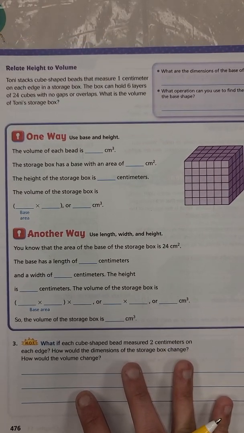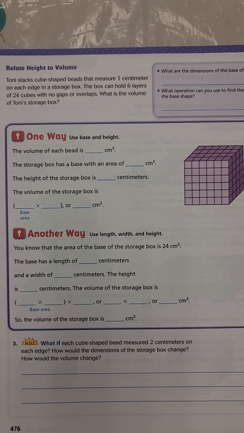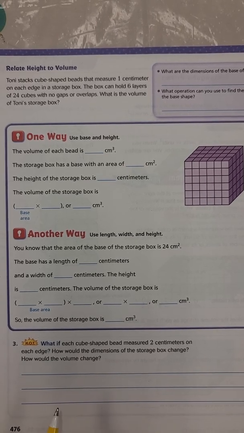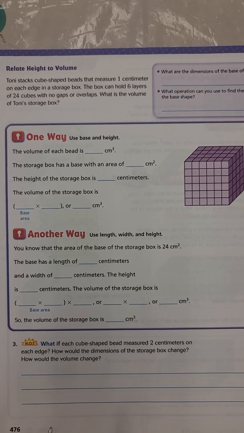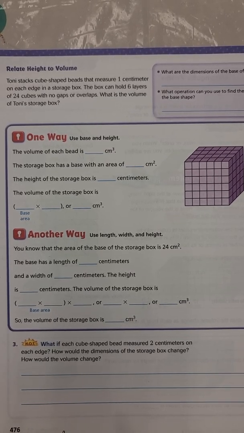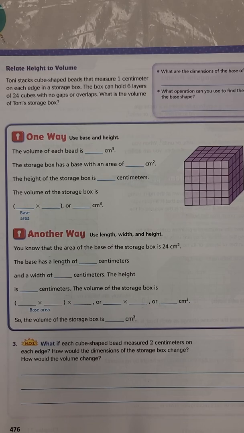Let's go to the back of the first page. It says relate height to volume. It says Tony stacks cube-shaped beads that measure 1 centimeter on each edge of the storage box. The box can hold 6 layers of 24 cubes with no gaps or overlaps. What is the volume of Tony's storage box?